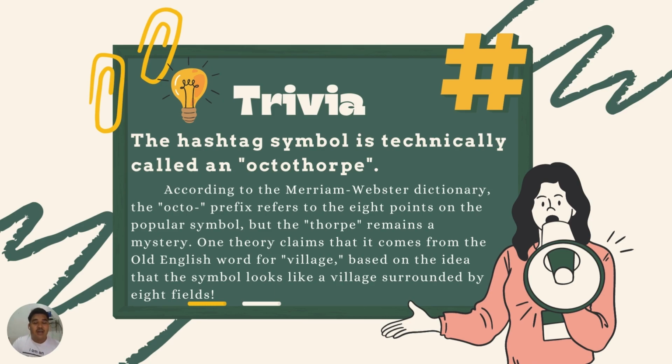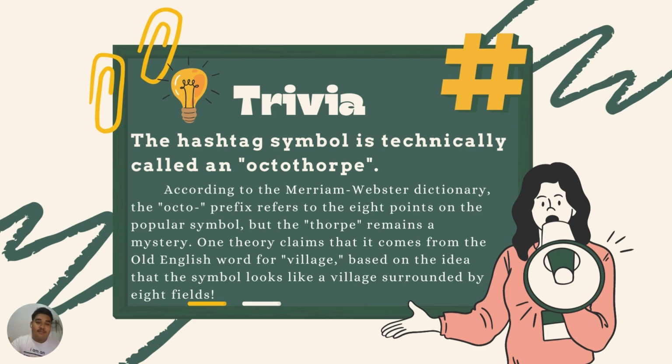So the hashtag that we are using right now, especially when we post our pictures or our statuses in Facebook and in Instagram, is called an octothorpe. Octo means 8 because in the hashtag there are 8 sides.